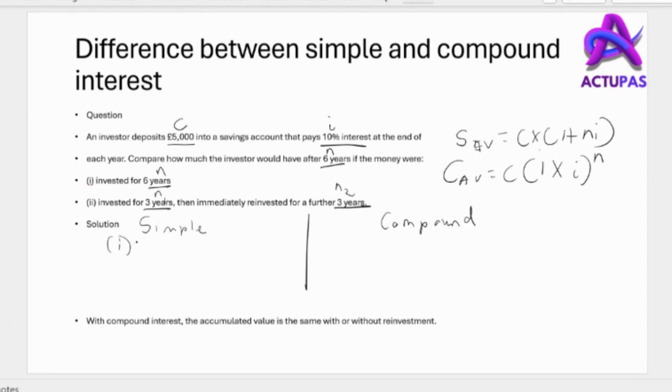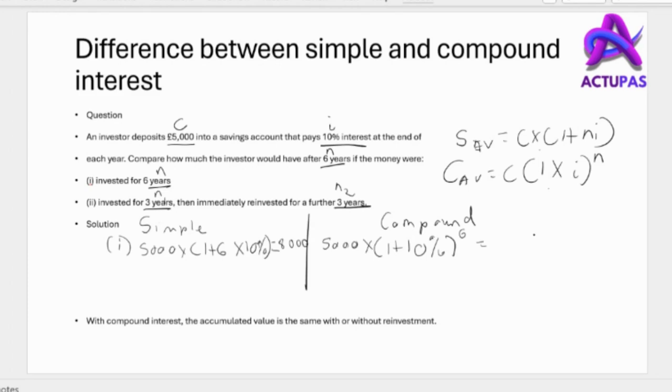So the AV will be 5,000 times 1 plus N, it's 6, times I, 10%. And using a calculator, we find that this is equal to 8,000. Then with compound interest, this is C, 5,000, times 1 plus 10%, this is I, using this formula, to the power 6.